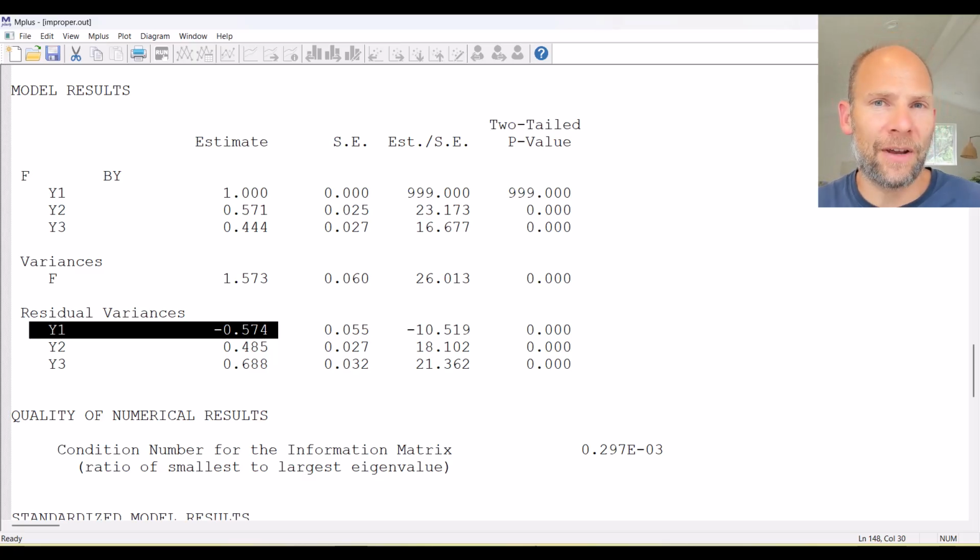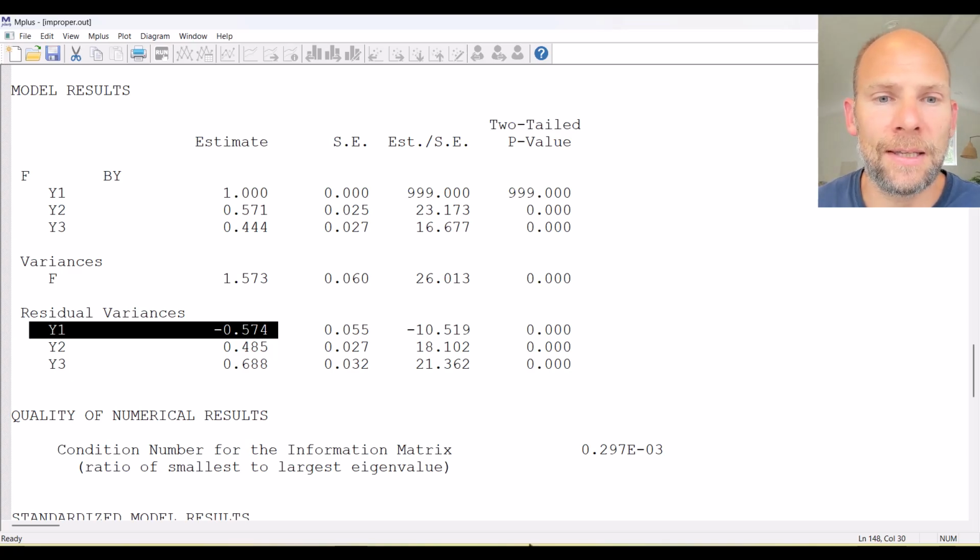A negative variance, a variance by definition has to be 0 or positive, because it's the squared standard deviation. So something that is squared cannot be negative. Now it can be negative obviously in a confirmatory factor model for technical reasons, but this is not a meaningful, not an interpretable estimate.